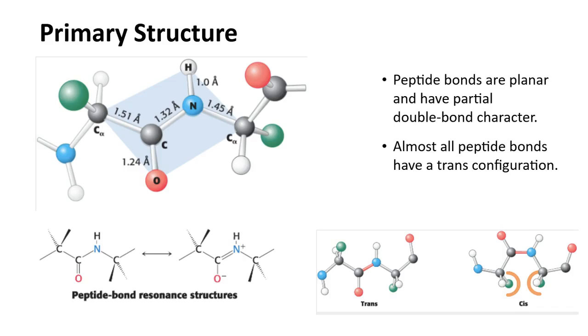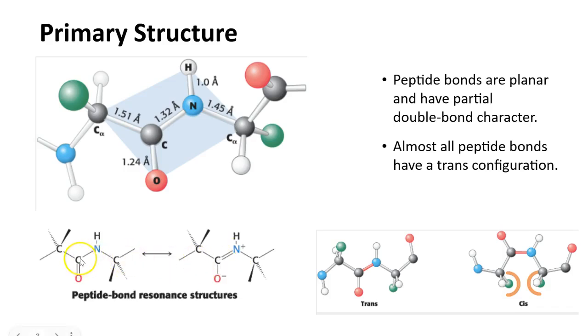And so we're going to just dive deep into each of these structures, starting off with the primary structure, which is peptide bonds and disulfide bonds, as I mentioned previously. And so peptide bonds are planar and have partial double bond character. And so right here, that is demonstrated with the resonance structure.